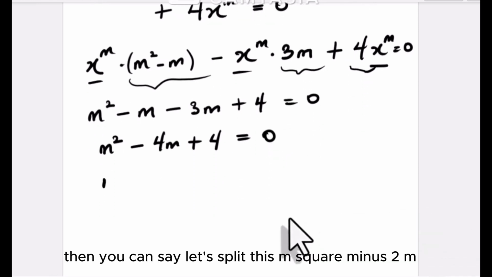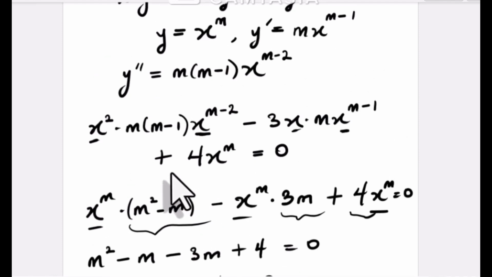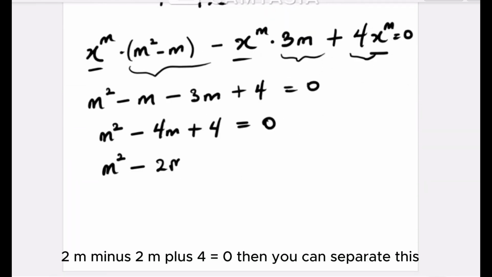Then you can say, let's split this: m squared minus 2m minus 2m plus 4 equals 0. Then you can separate this.